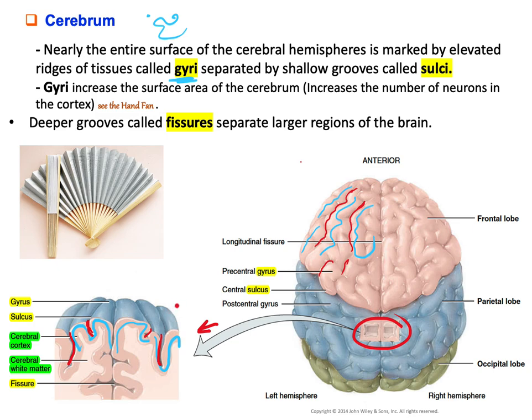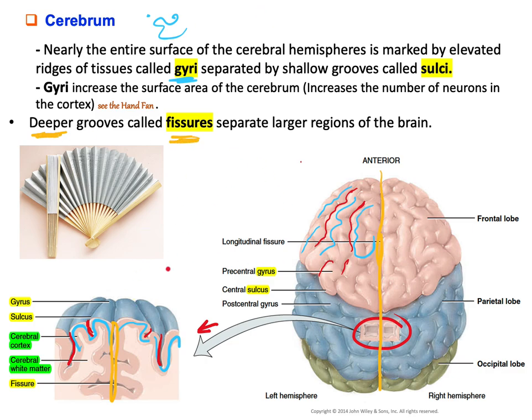But before saying why, let us have a look at this deep groove, which we call a fissure, right? This is the median longitudinal fissure or longitudinal fissure. When it's deep, we call it fissure.